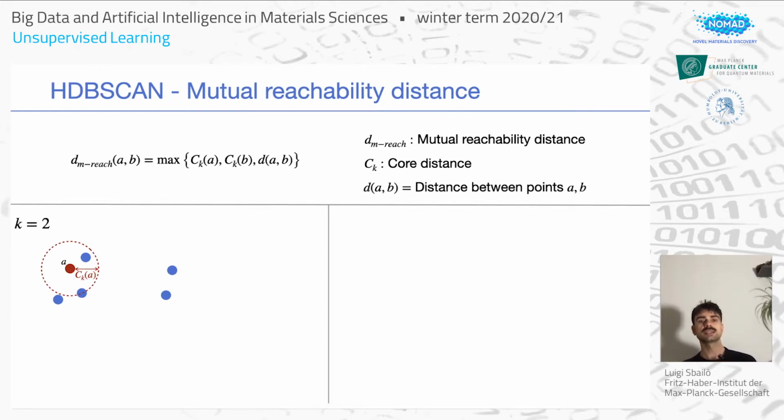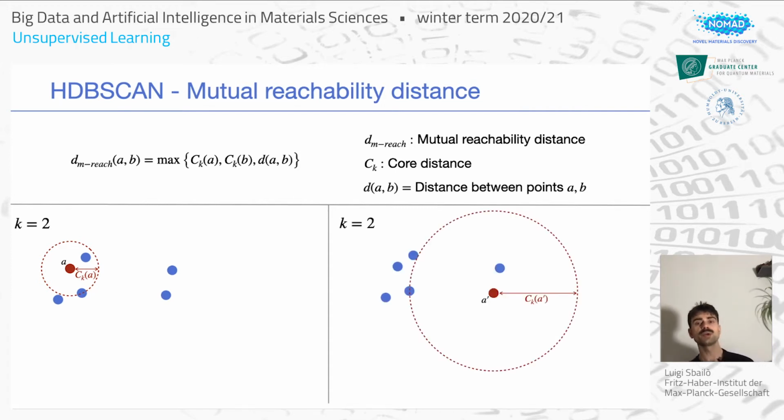Well, the core distance for k equals 2 is the distance of the point A to the second closest point. As you can see on the screen, you have this red circle, and the radius is our core distance. It just touches the second closest point.